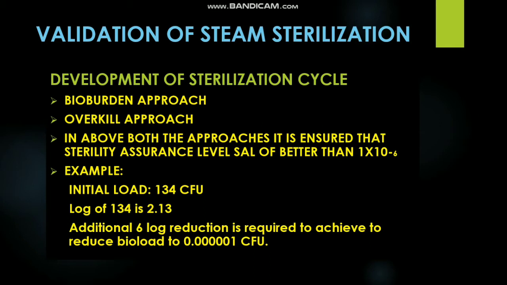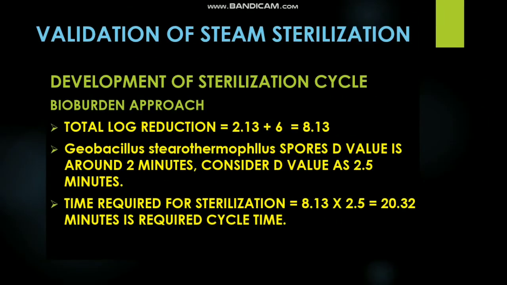Because we need to reduce the probability of survival to 0.000001 CFU per article. So 2.13 log reduction from the available bioload, and an additional 6 log reduction, so your total log reduction required will be 8.13 log reduction.